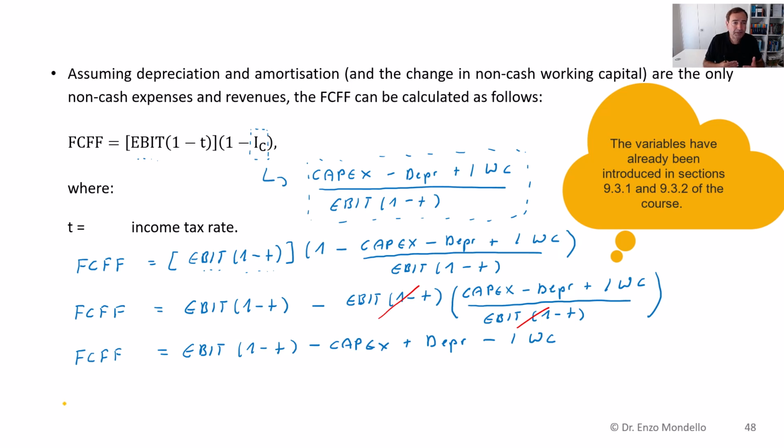If you assume that the only non-cash expenses and non-cash revenues consist of depreciation and amortization, as well as the change in non-cash working capital, then we can calculate the free cash flow to firm using this equation. That means we take the operating income times 1 minus the income tax rate multiplied by 1 minus the reinvestment rate of total capital.